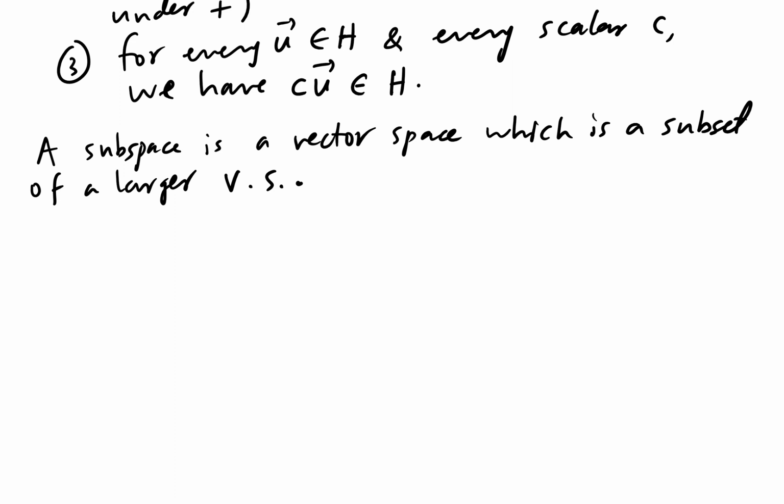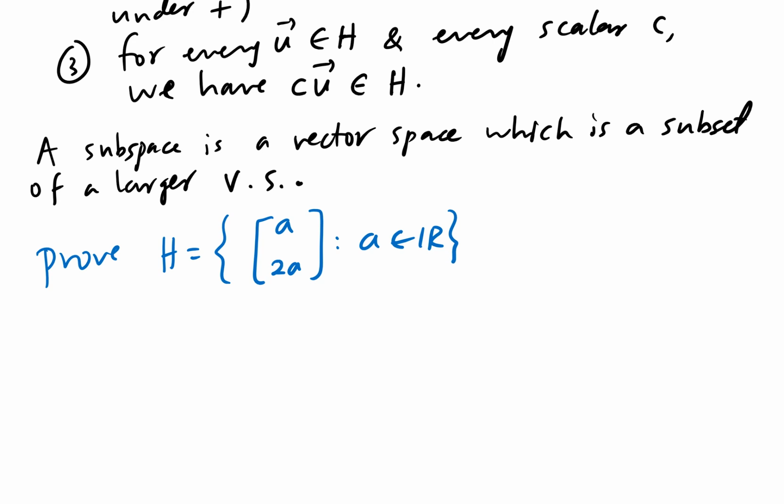So let's say we are asked to prove a set H given as (a, a). The earlier one I gave you, I told you to try, is (x, x). This one I changed and made it (a, a), where a is a real number. Prove this is a subspace. When they say prove, it means it's really a subspace. Don't try to find an example to make it fail. So three properties need to be checked.